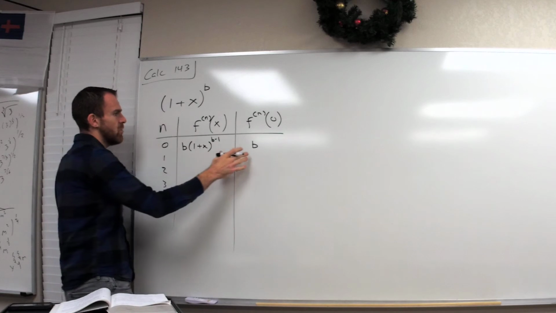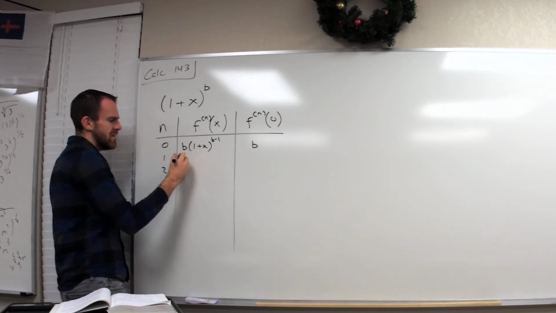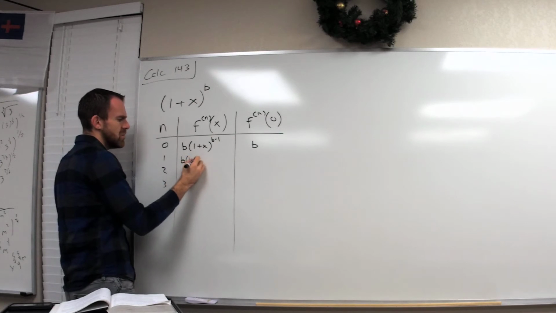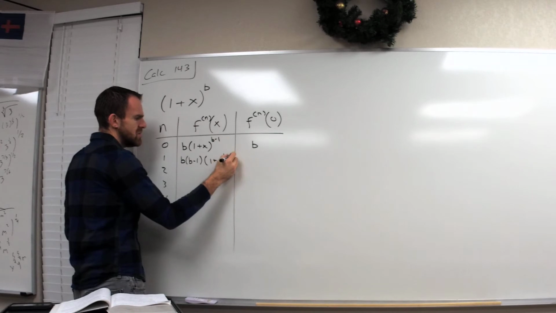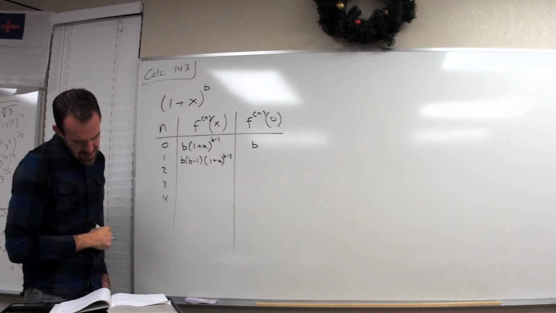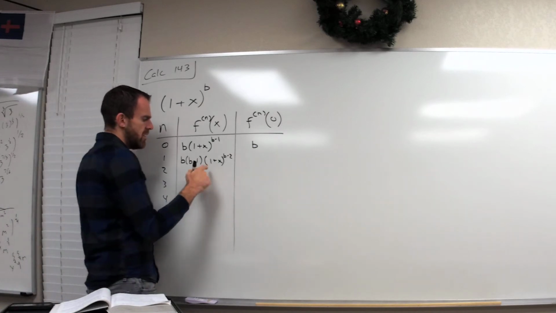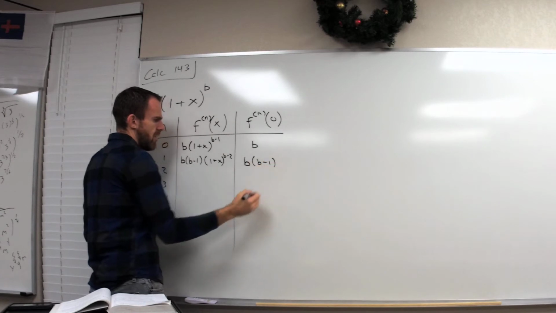So it doesn't depend on what b is. When I plug in 0, I still have 1 to a power. Now, when I take the derivative of this, I have b times b minus 1 times 1 plus x to the b minus 2. That's fine. Let me make sure I'm doing it correctly. We are. Now, I'm going to plug in 0 to this, and I get b times b minus 1.